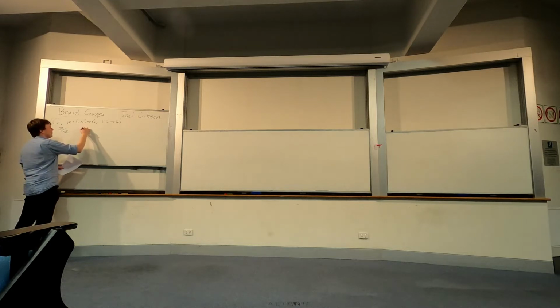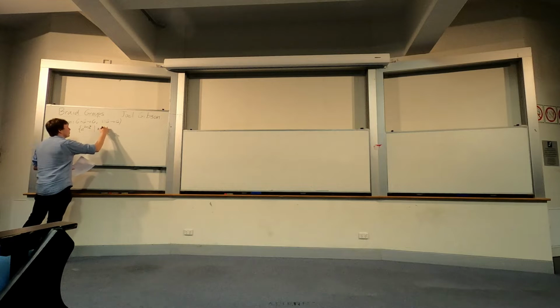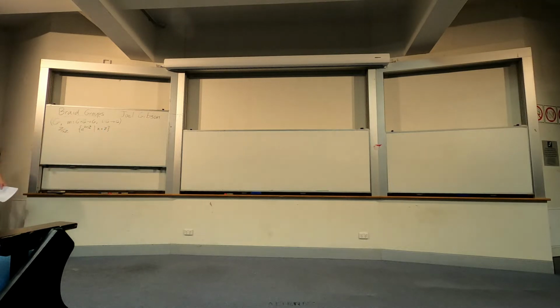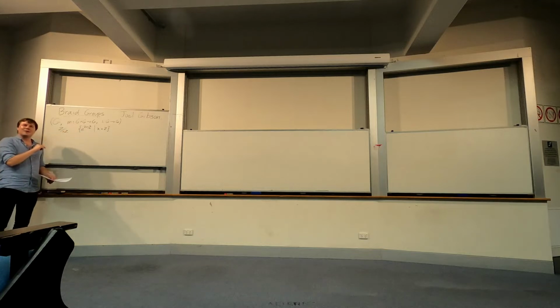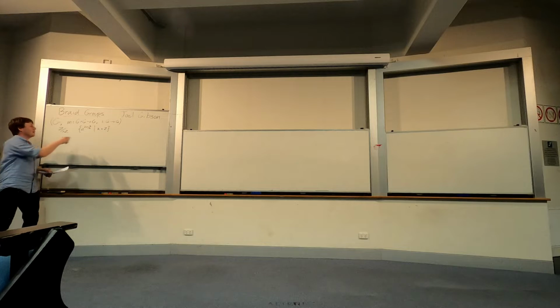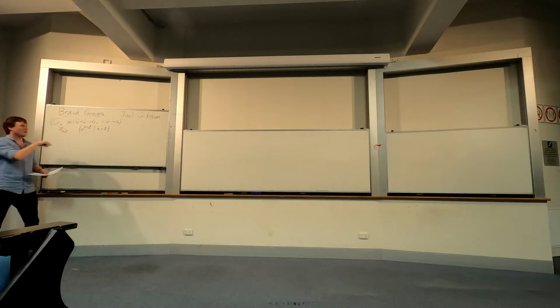So if I take e to the 2 pi i k on n, for all integers k, these are all complex numbers, and I can multiply them together using normal complex number multiplication, and I get another thing. And I can also take inverses, right? The inverse of one of these is the same as its conjugate.